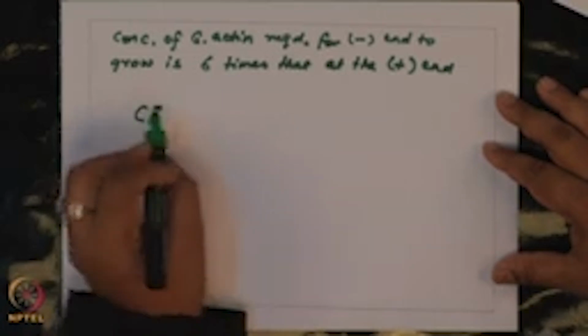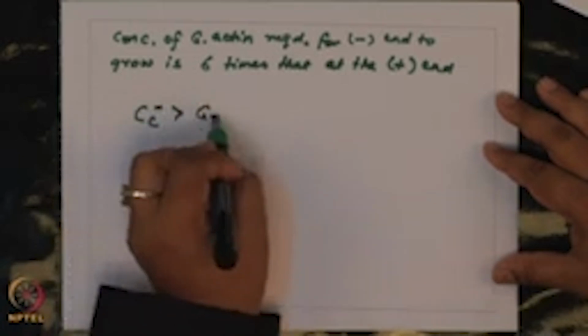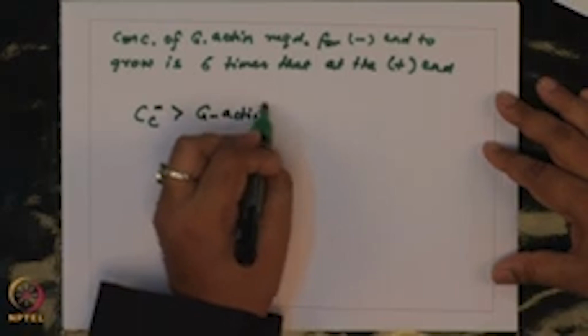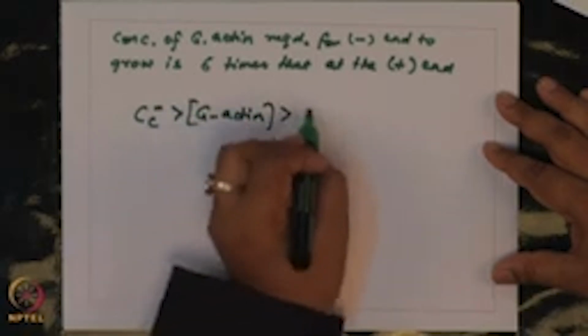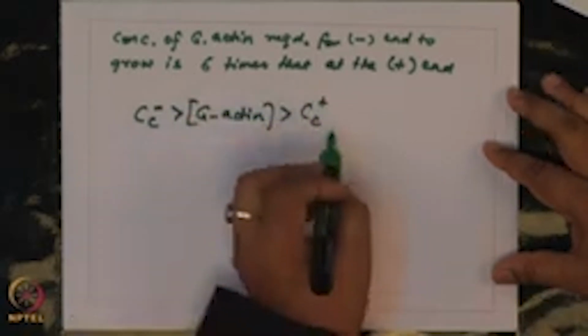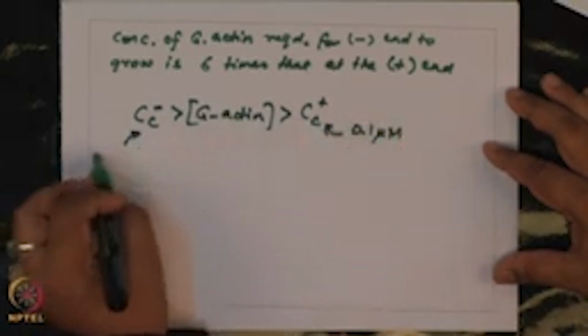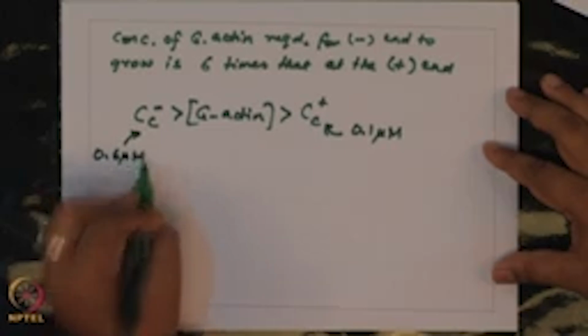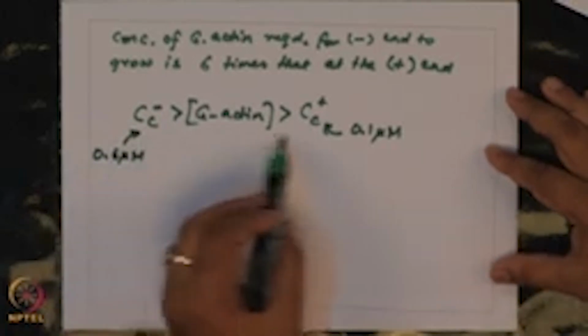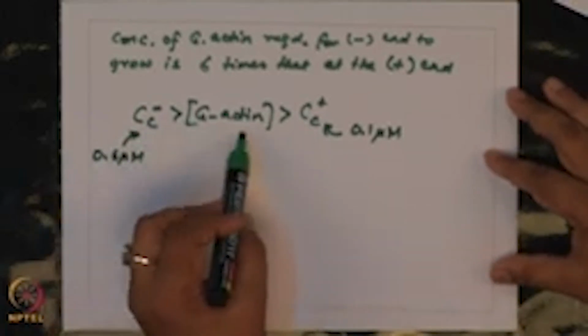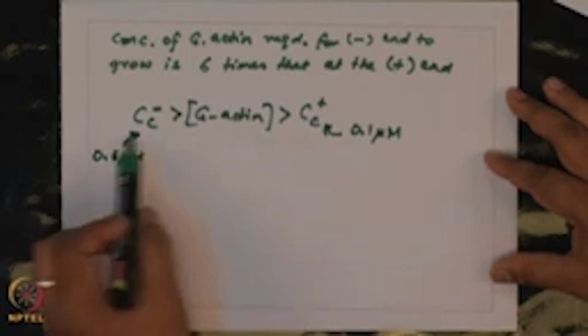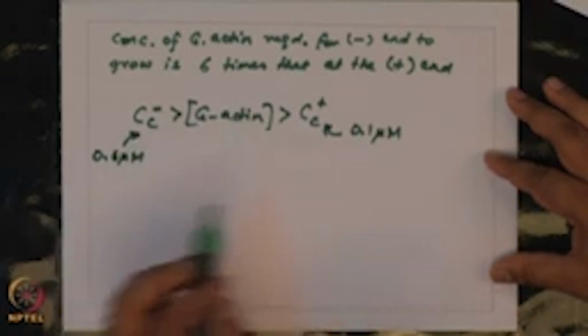So, let us try to find out what will happen if your concentration is in between. This value is 0.1 micromolar, this value is 0.6 micromolar. If you have a filament and you are operating at a monomer concentration in between these two values, what will happen?